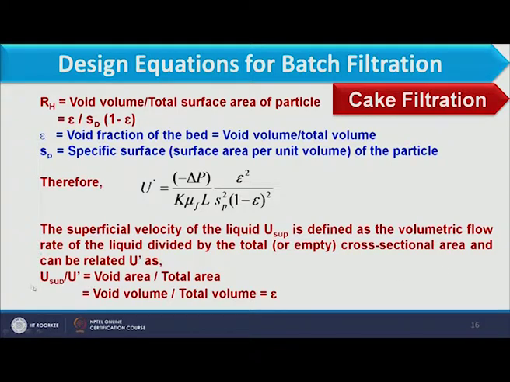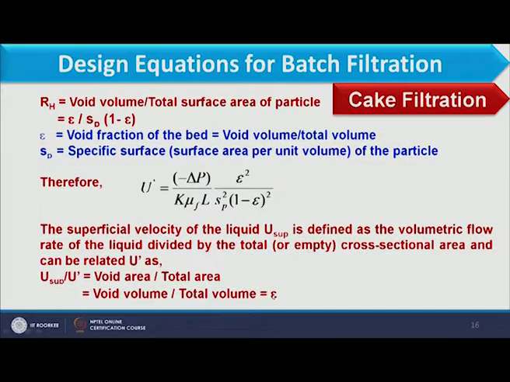So this complete factor can be defined as void area by total area. Further, we can consider this as void volume by total volume, and that is equated with the epsilon as we have defined earlier.